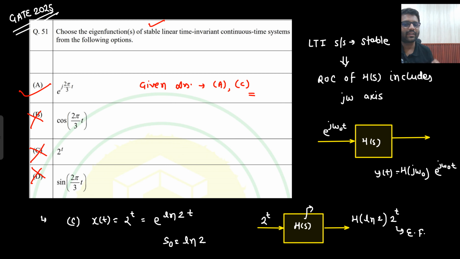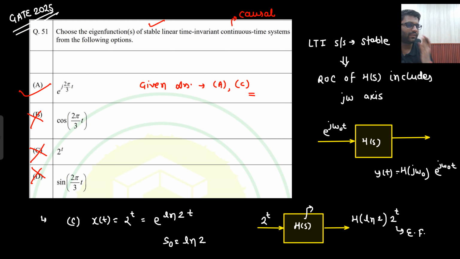How could we have made this question correct? If I had said a stable LTI system and causal, if I had added another word causal here, then this answer would have been correct. Because if I had added the word causal, what does that mean?